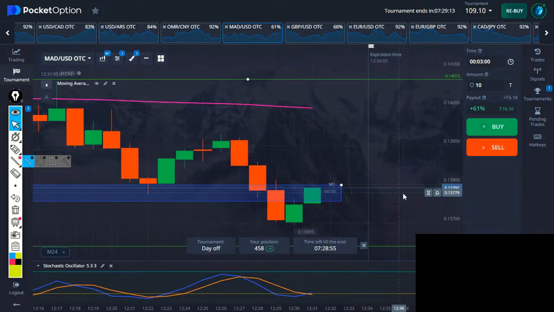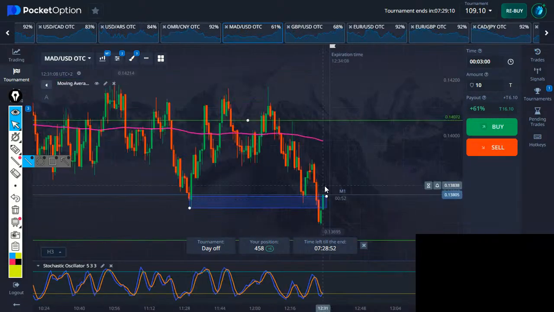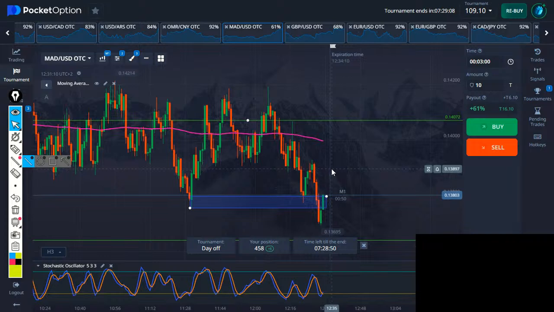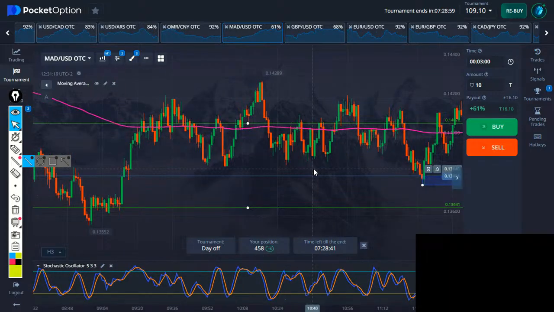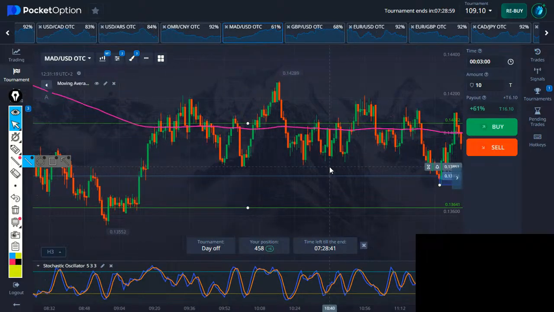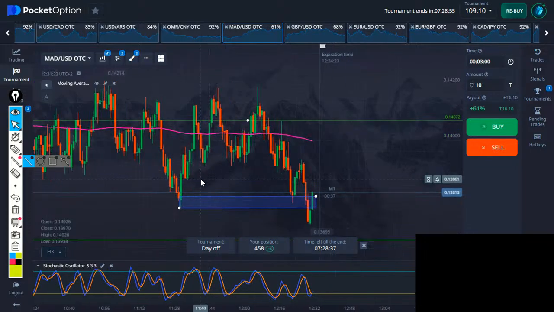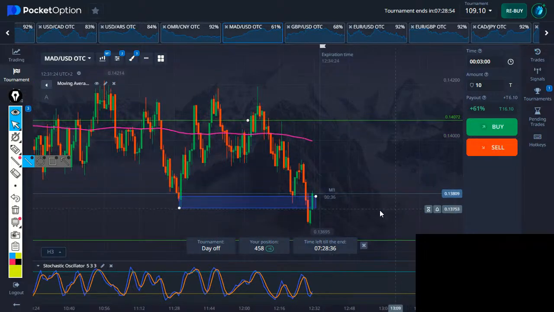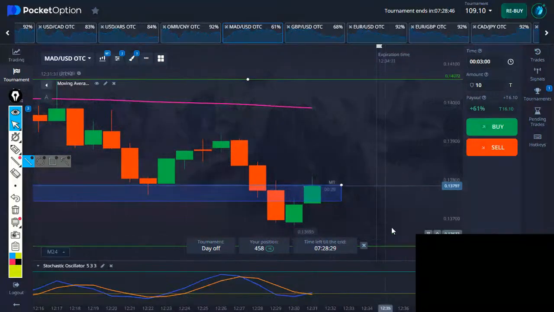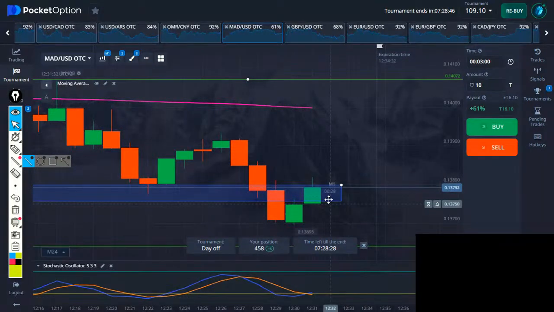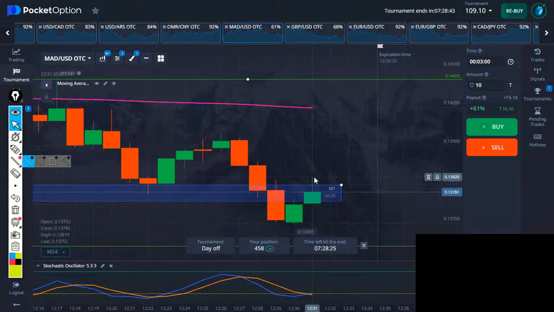This is my signal. This is gonna be my signal. Now you might ask, Mark, why are you taking a trade against the EMA? This is because I can see a clear and powerful demand area from this level. I only want to see a cross from the stochastics and a strong green close over here.